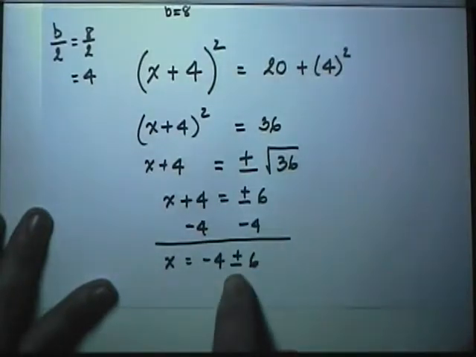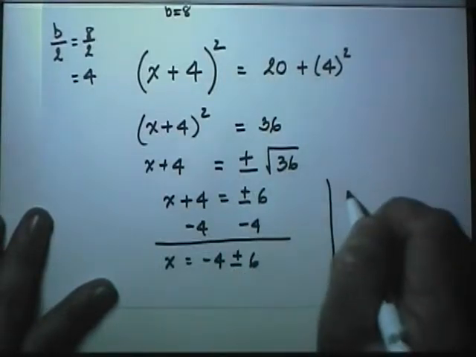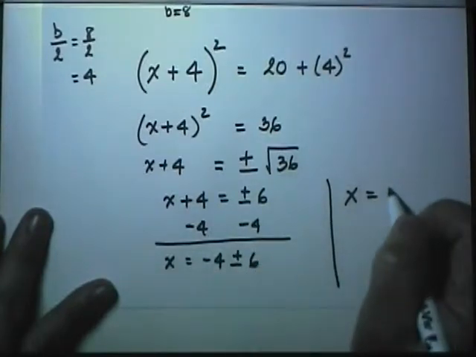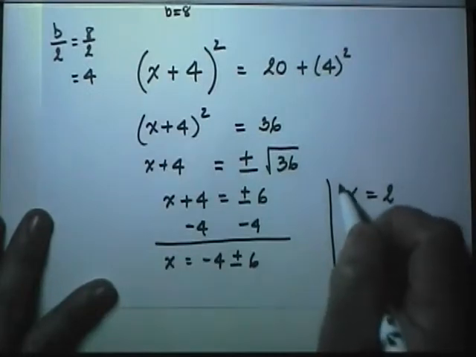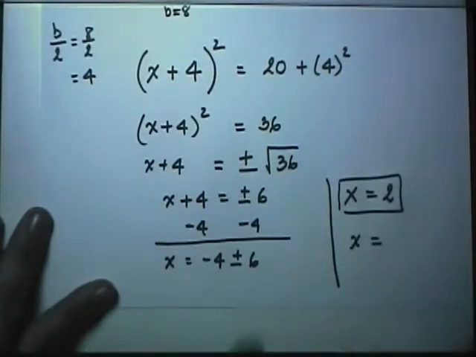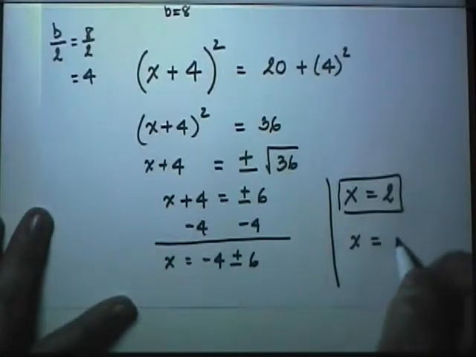What I would have here is x equals minus 4 plus or minus 6. What this plus and minus notation means is that one x value is minus 4 plus 6, which would be positive 2. The second x value is minus 4 minus 6, which gives me minus 10.